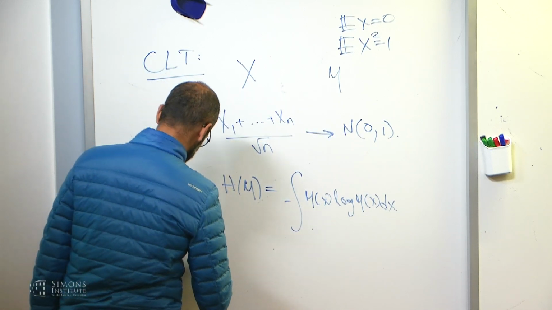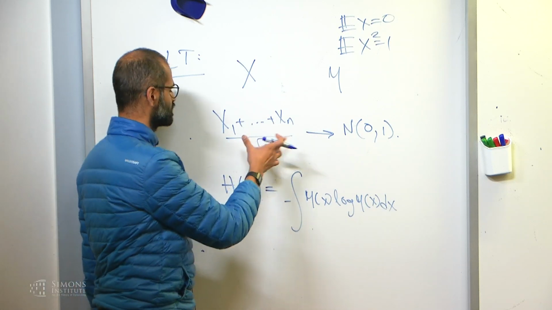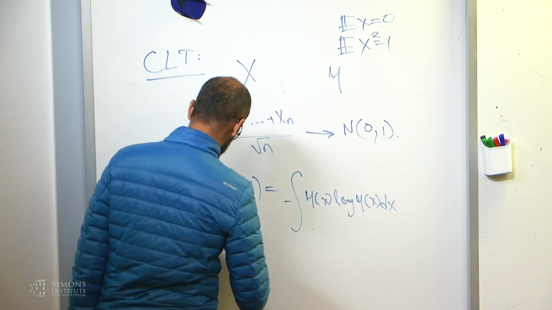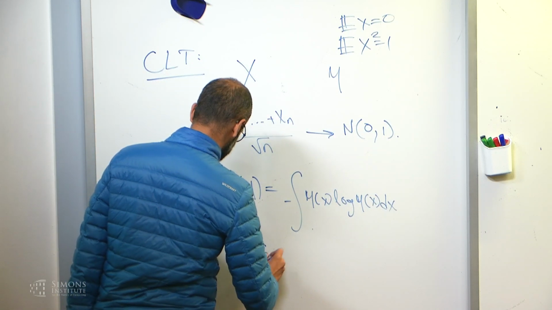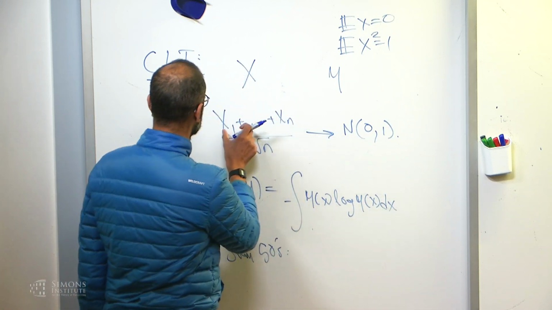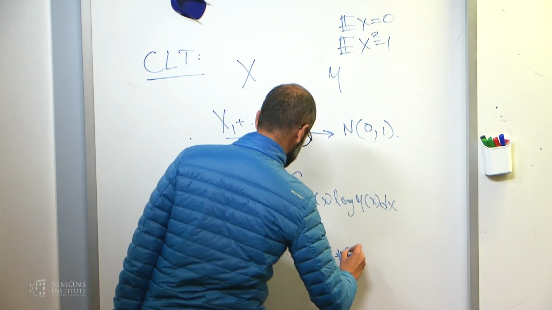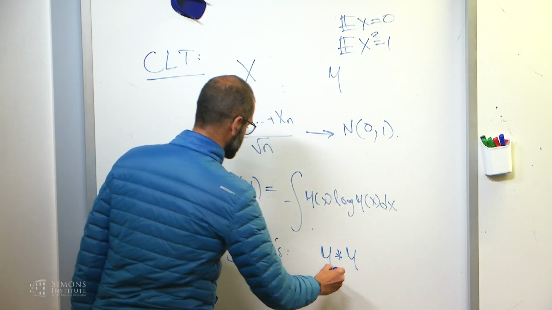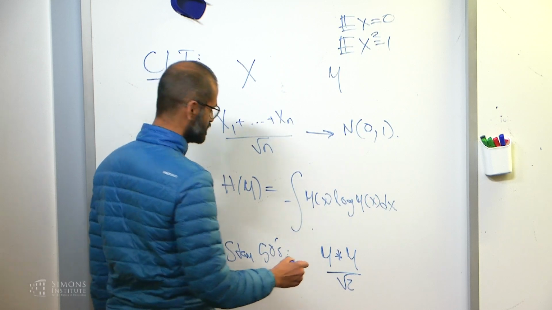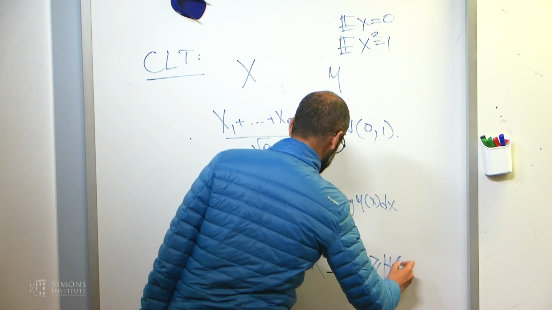So one thing which is actually true in the central limit theorem is that as you look at these sums and you let n go to infinity, the entropy increases. I believe Stam proved in the 50s that if you take two independent copies of this random variable, that corresponds to convolving this measure with itself, and I'm going to use this notation to mean you just rescale by square root 2 to make the variance fixed, then the entropy of this is greater than the entropy of just mu.